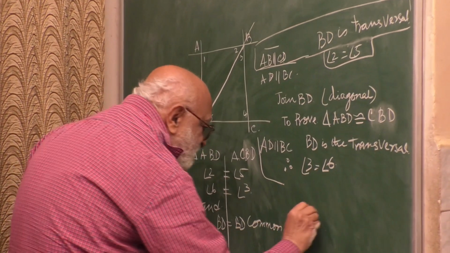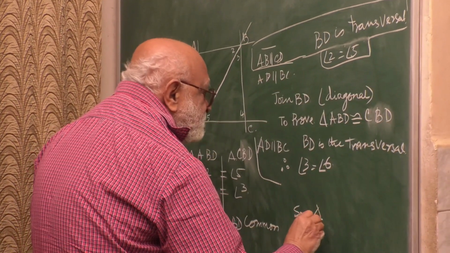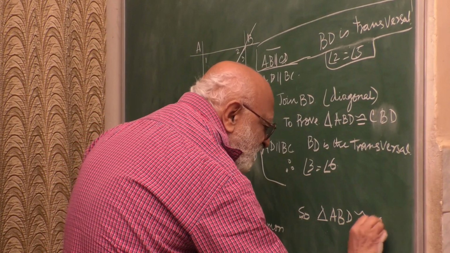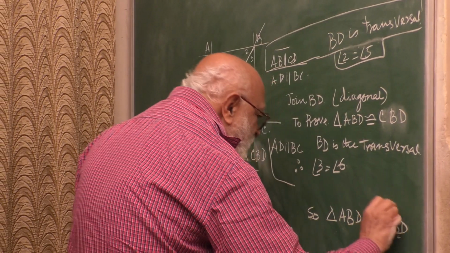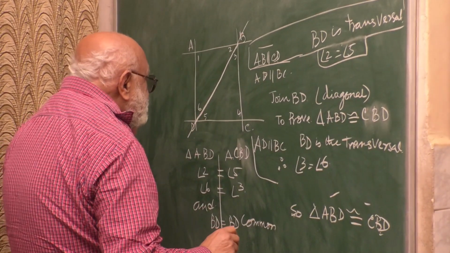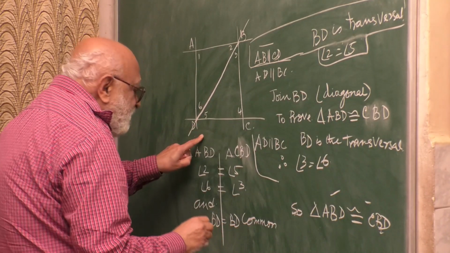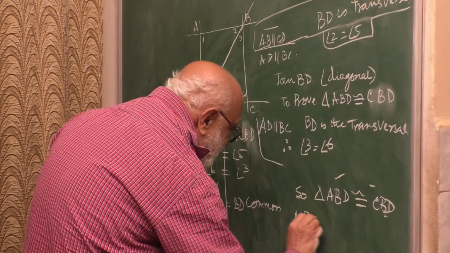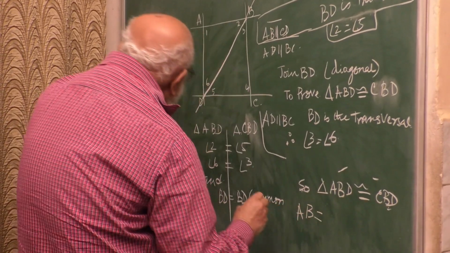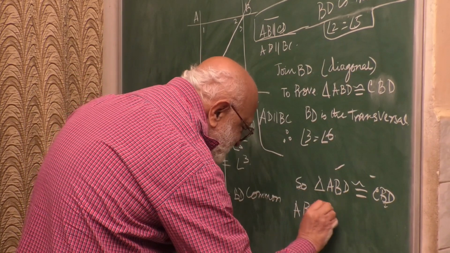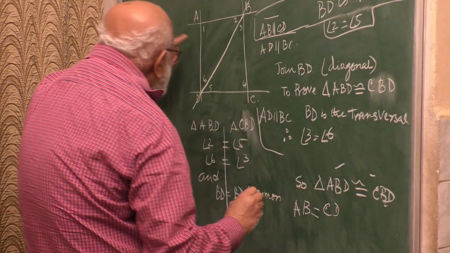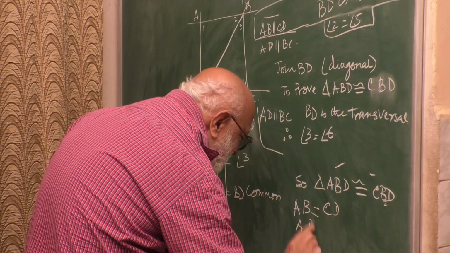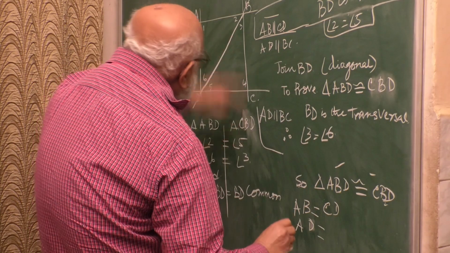So triangle ABD is congruent to triangle CBD. What does this give us? We can say AB is equal to CD, and AD is equal to BC.